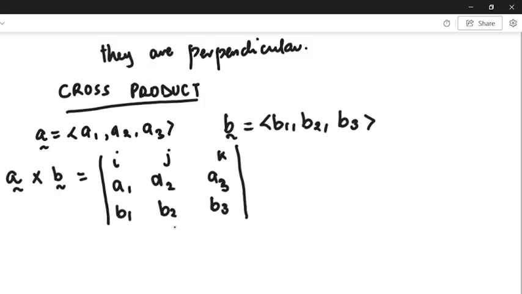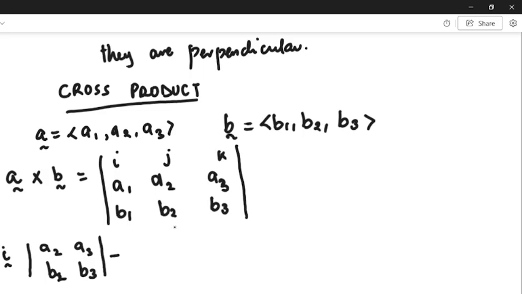So we want to get the cross product. Basically what happens here is you delete row 1, you delete column 1, you get a matrix. So that is the coefficient of I. So we're going to get A2, A3, B2, B3.